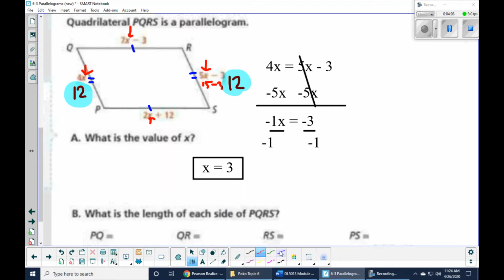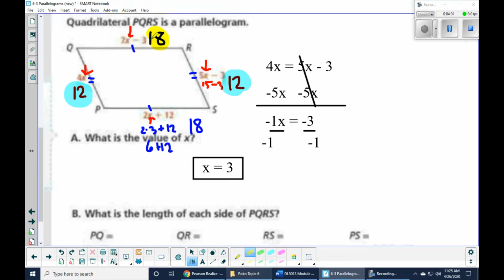So now we have to go through and find one of those sides. Let's do this one down here. 2 times 3 plus 12. So what's 2 times 3? That's 6 plus 12, which is going to leave us with 18. And if this is 18, then up here, that is 18.